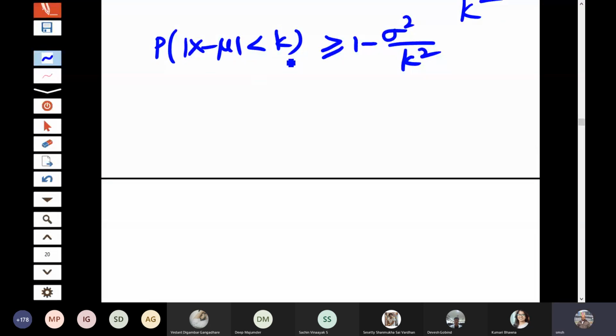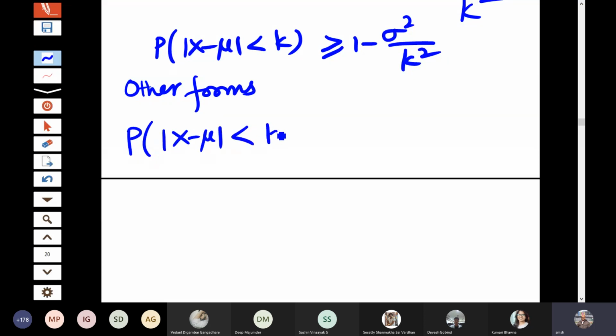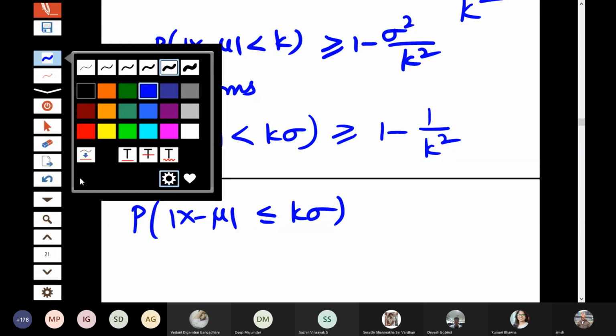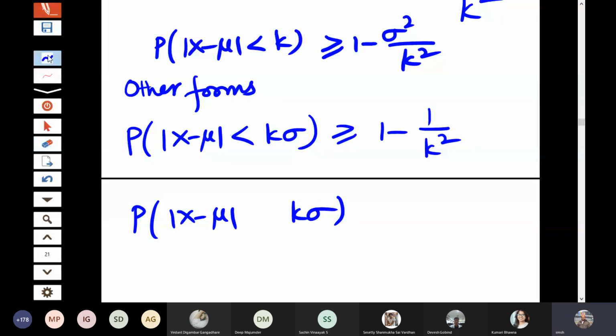In place of k, if I put k sigma, then this can be written as probability of mod x minus mu less than k sigma is greater than or equal to 1 minus 1 by k square, or probability of mod x minus mu greater than or equal to k sigma is less than or equal to 1 by k square.